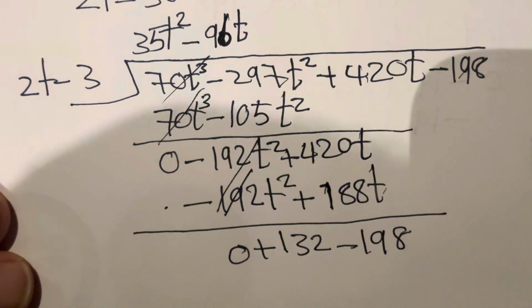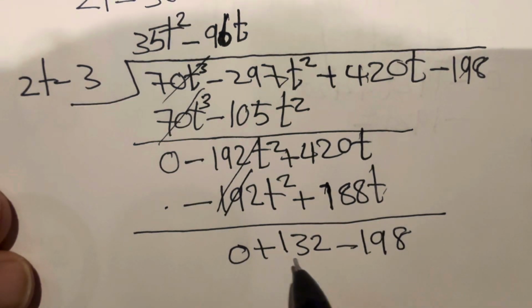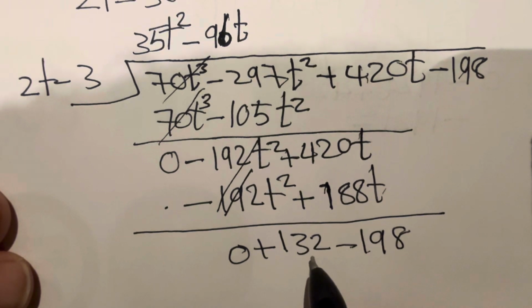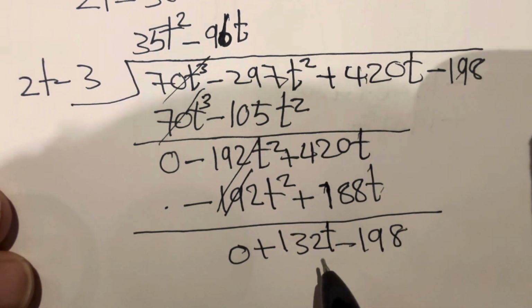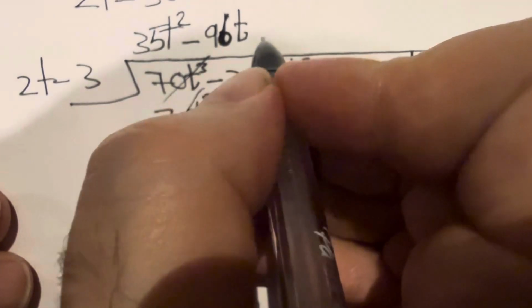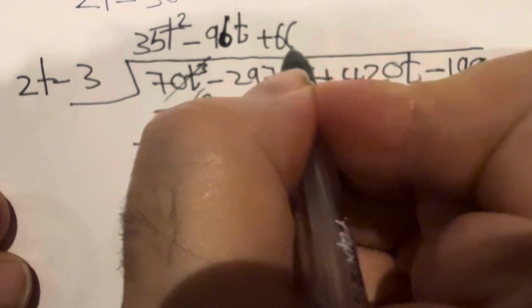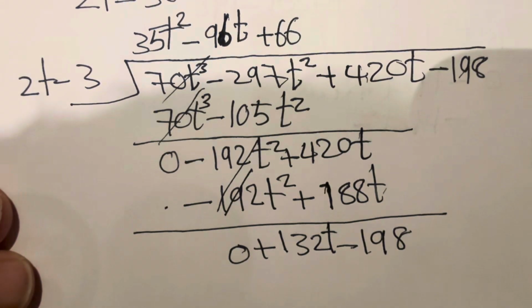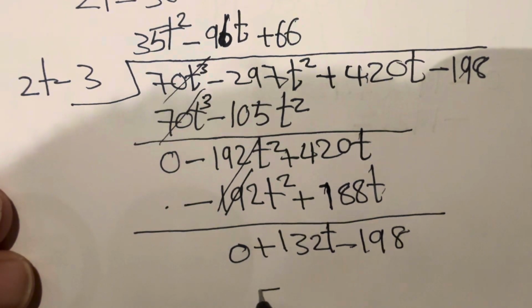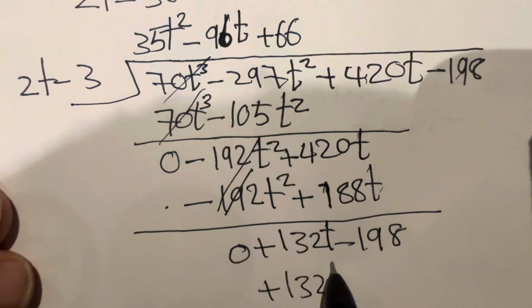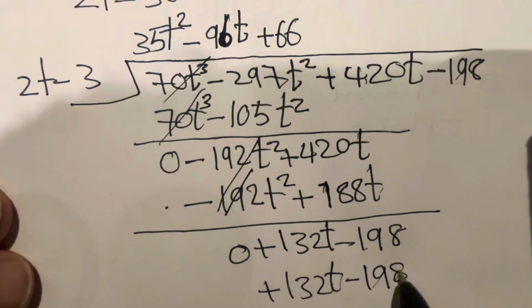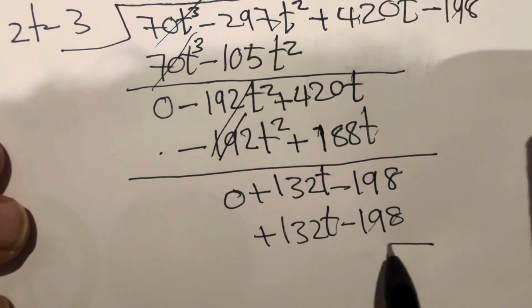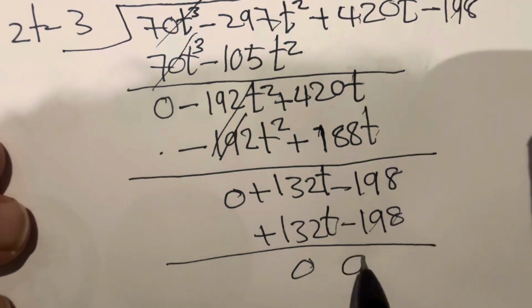Then if we multiply by plus 66, we get 132t minus 198. We work it out, we get 0.